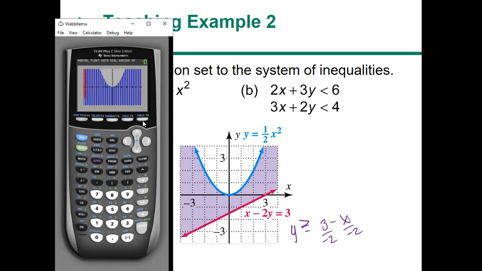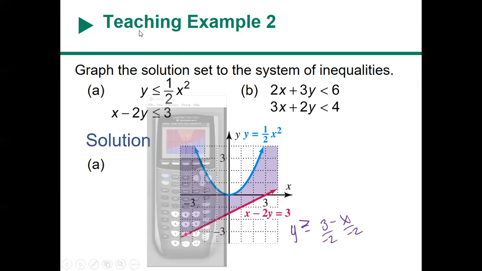Sylvie's a little slow. And then it's going to graph the linear. And the space where they overlap is my solution. So where the horizontal and the vertical lines meet, that's where the magic is.